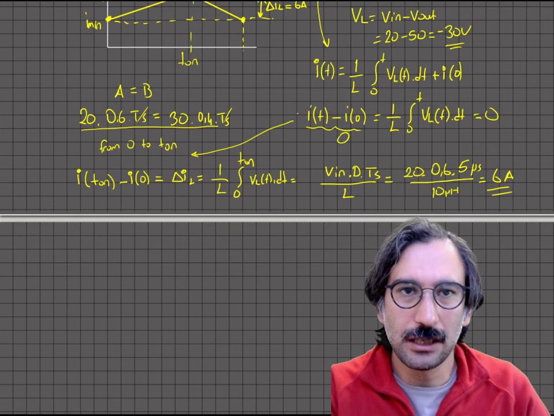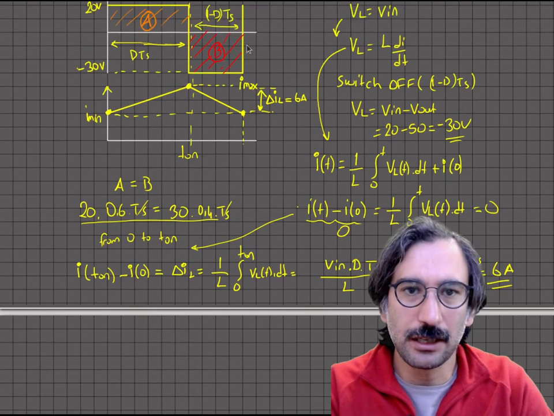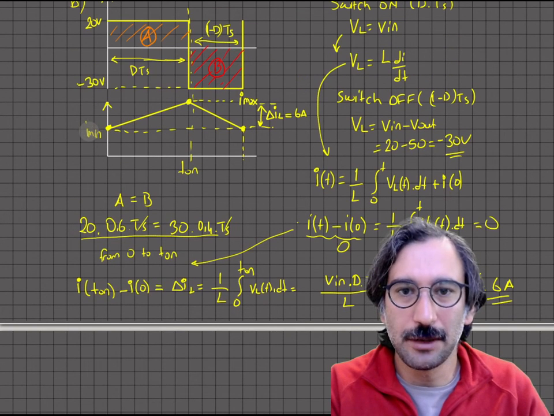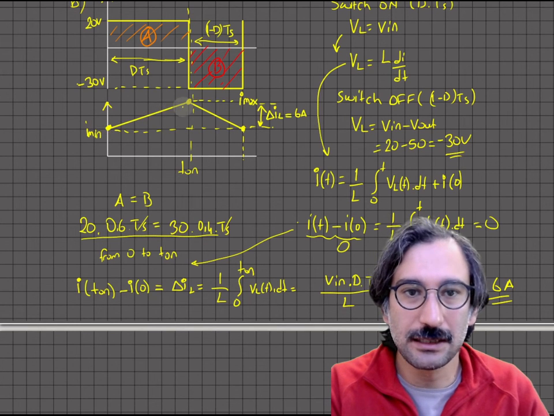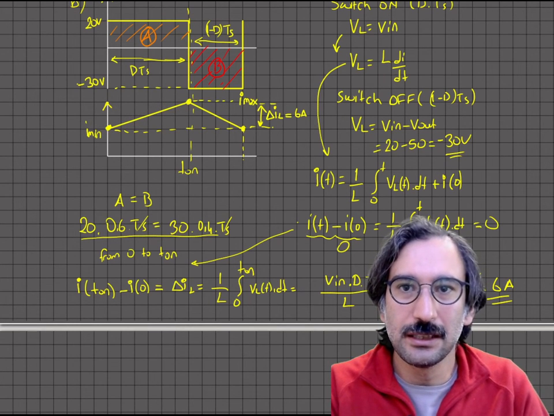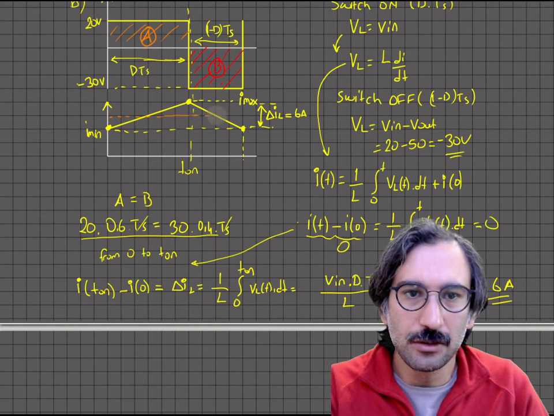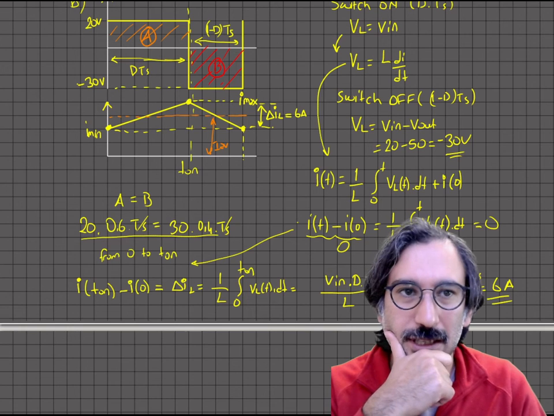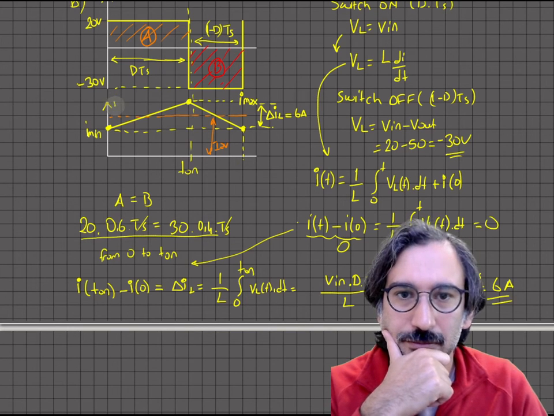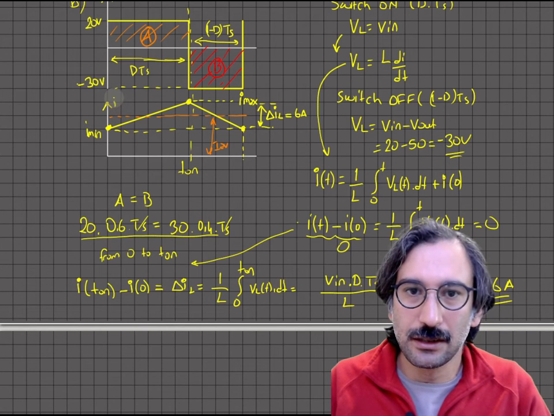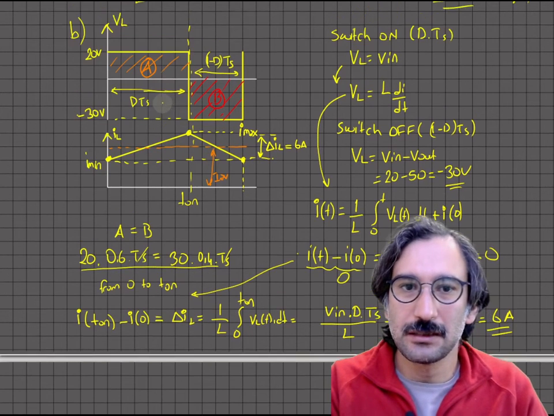But how does it work? Does it go from 4 amps to 10 amps, or from 10 amps to 16 amps? So how can I find the average value? Let me draw it here. Here is the average current; this was again I L, the inductor current. But there's an interesting thing.